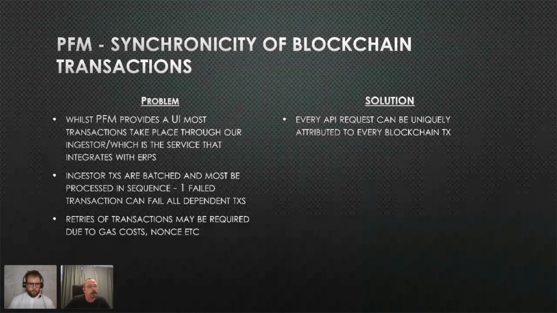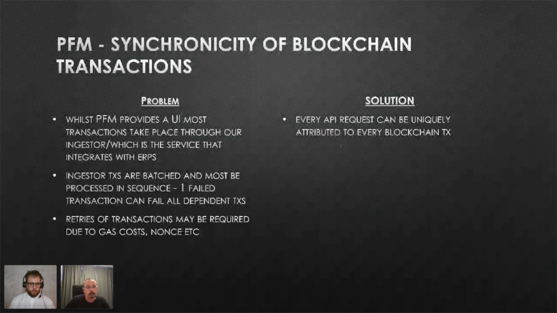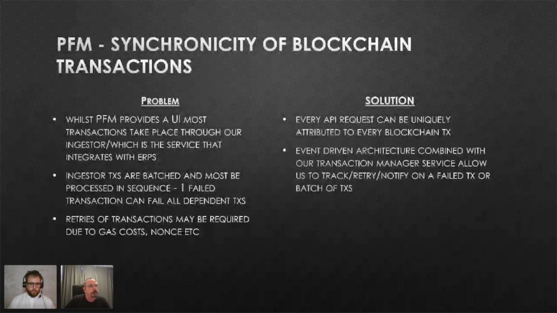So every blockchain transaction can be traced back to an original request. The Kafka bus, or the event-driven architecture, allows our transaction manager service to retry those transactions, and it is responsible for sending out notifications and stopping the processing of a batch if a transaction has failed.